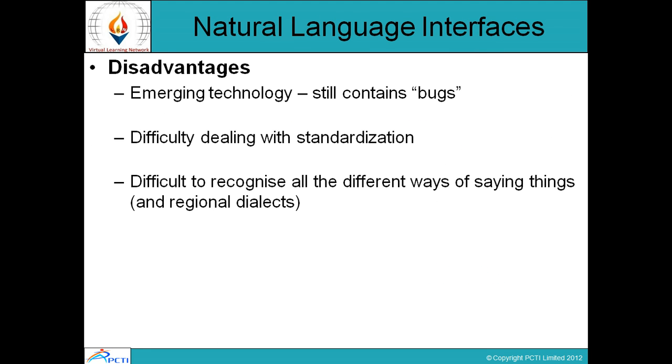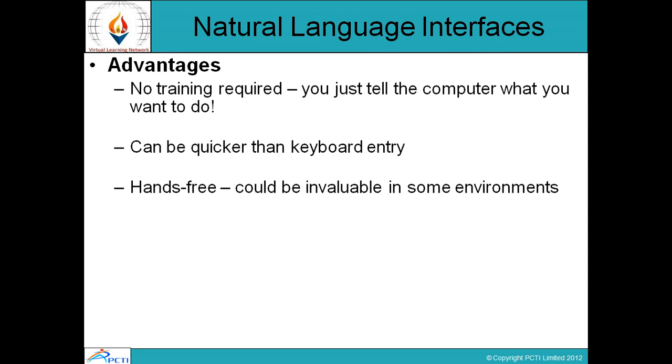So let us discuss the first topic of today's session, that is natural language interfaces advantages. When we talk about the advantages of the natural language interfaces, the first advantage is that no training is required to manipulate natural language. That is, you just tell the computer what you want to do and the computer will understand, because you are making use of the natural language interfaces.